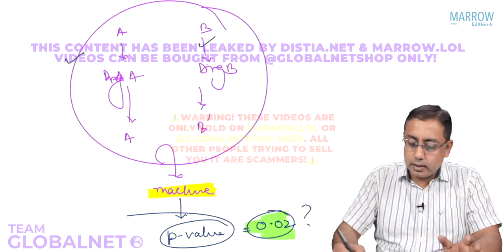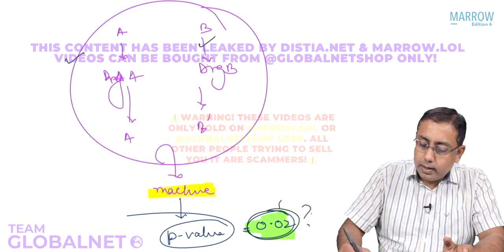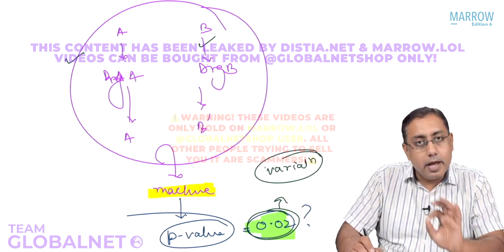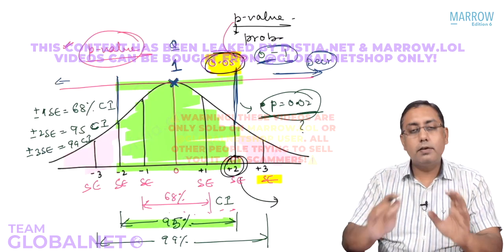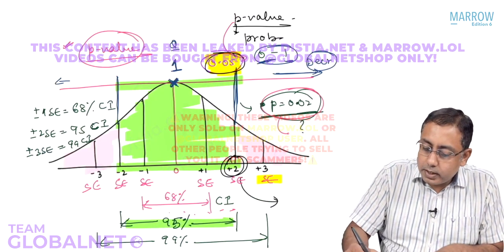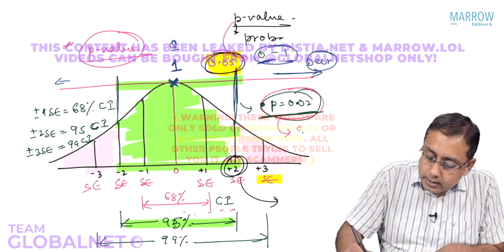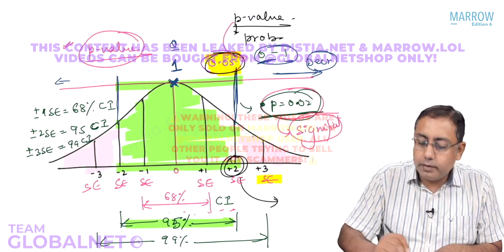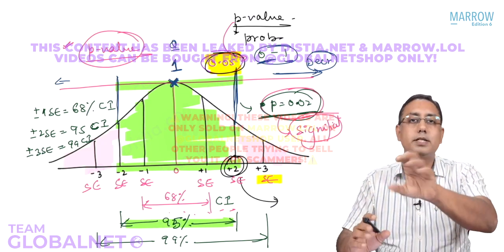You need to understand that p-value 0.02 means the variation is there. So if the variation is there, what should we call this p-value? This p-value, we call it a significant p-value. Why significant? Because we say that the variation is significant.